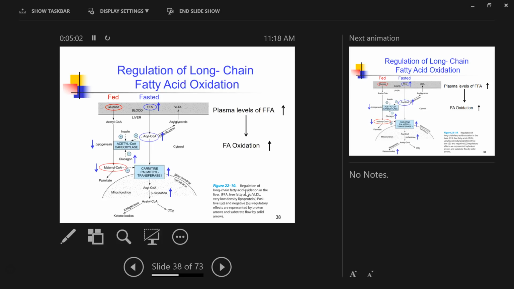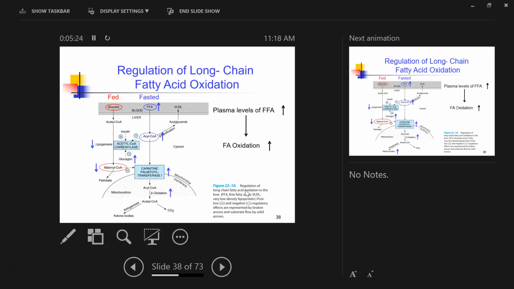Okay, 39. How does liver metabolize fatty acids during fasting? Does liver completely oxidize fatty acids through the TCA cycle? What do you think? No?